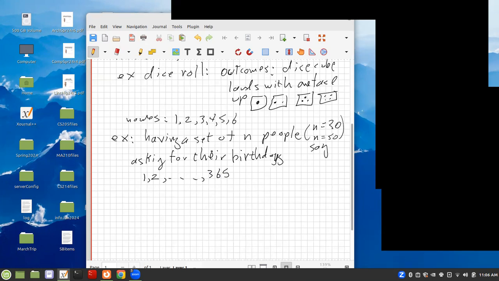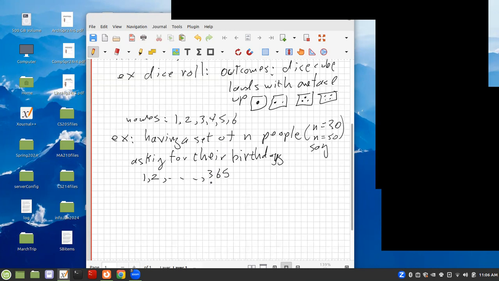So the experiment could be, you go up to a person on the street and ask them what their birthday was, if it was a context where this was a reasonable request, and you would identify them as having one of these numbers.